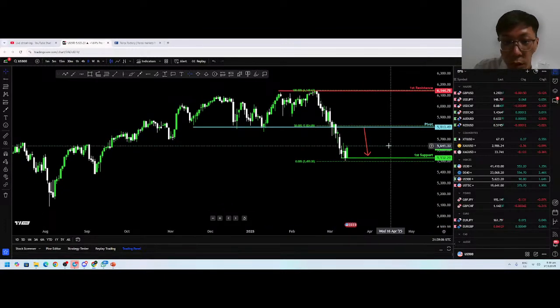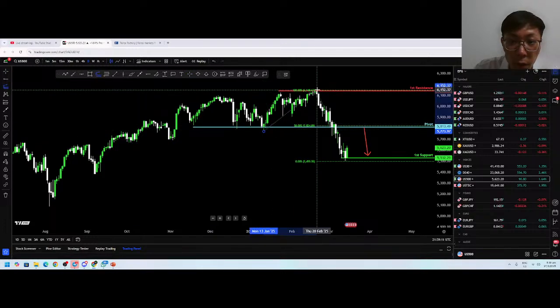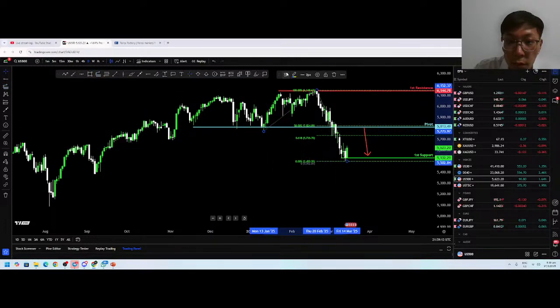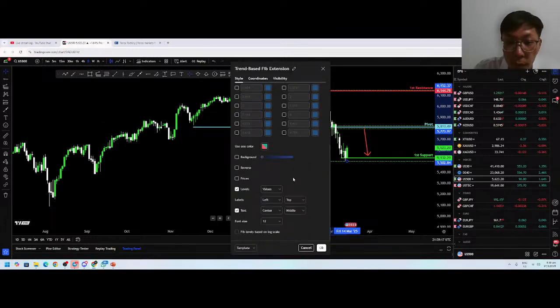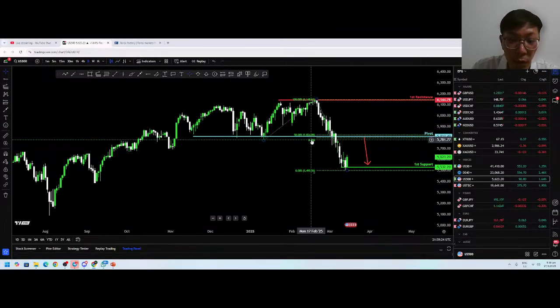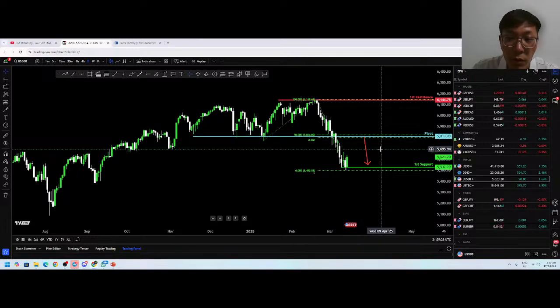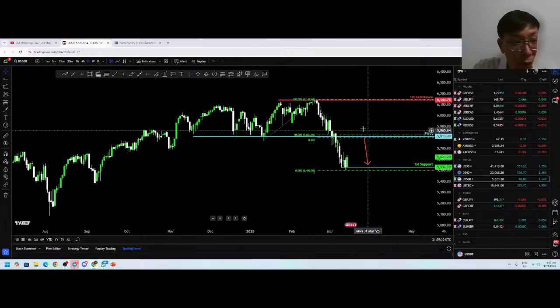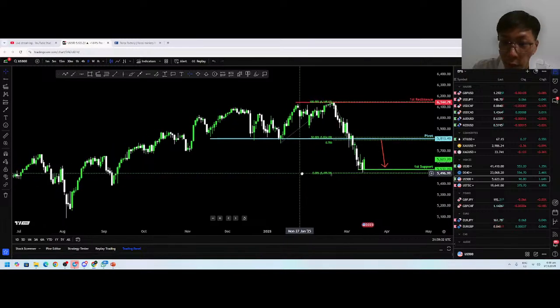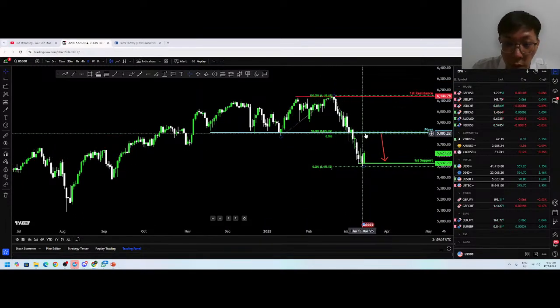Okay, I think it's pretty straightforward, oh wait, let me see if we can find 71.8. Yep, 78.6. Oh, okay. Right, this pivot point, we have 78.6% Fibo projection and 50% Fibo retracement right here. So this is a really good opportunity for sells on the S&P 500 index, right? If you are able to catch these sells.